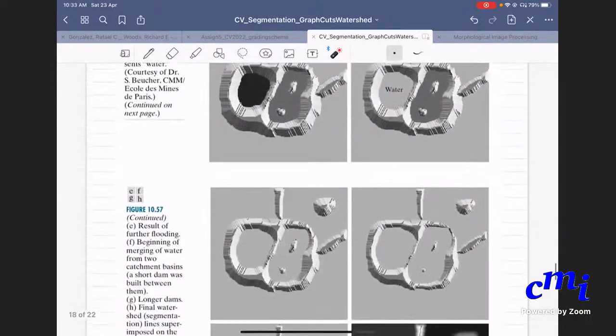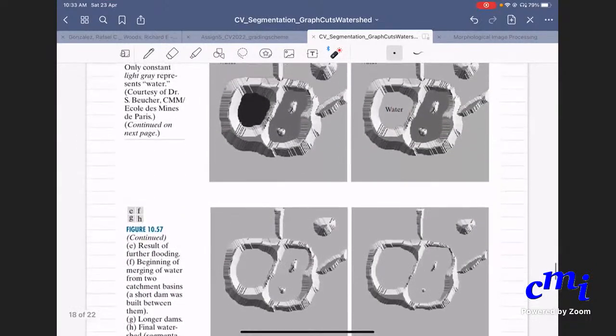As it's rising, it will fill up this part. At some point, it will rise to a level where this level is the same as the original level here. And then once the water rises to the level of this, now this is also a point where you will start filling water. So now you start filling water here also.